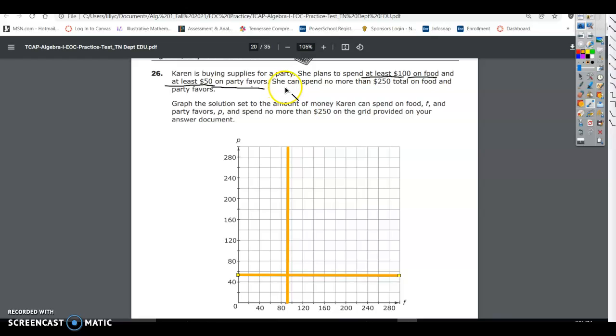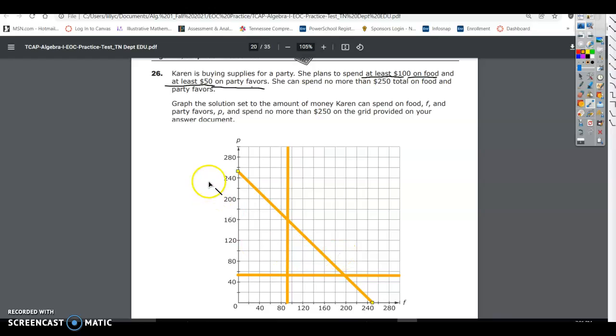It says she can spend no more than $250 on food and party favors. So if she spent all of her money on party favors, she'd spend $250 here. And if she spent all of her money just on food, she would spend $250 on food and no party supplies.